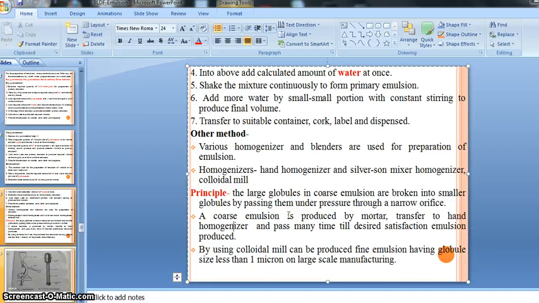If we use the hand homogenizer, we should follow repeated use of the hand homogenizer. Once we pass the coarse emulsion through the hand homogenizer, we again follow that procedure repeatedly until we get the desired satisfactory emulsion, right?